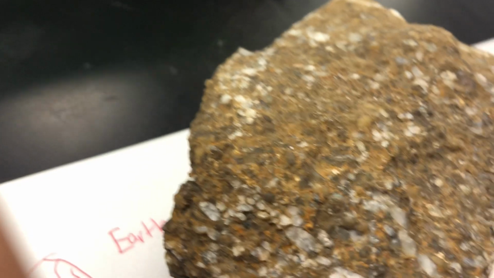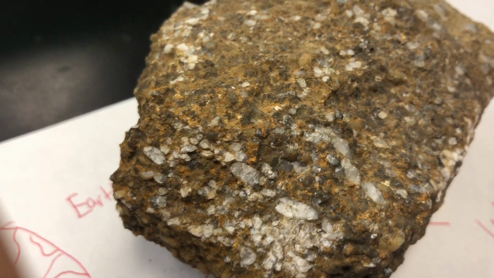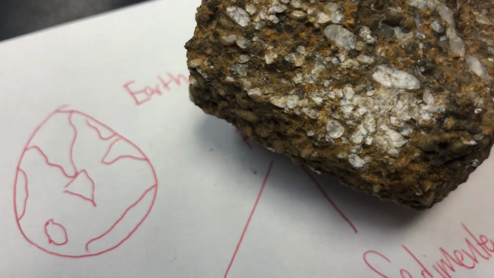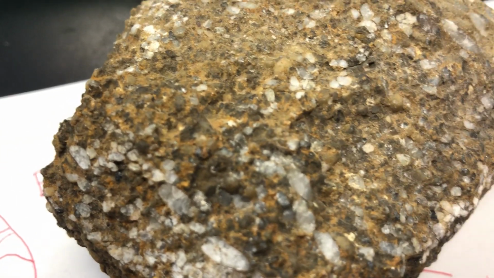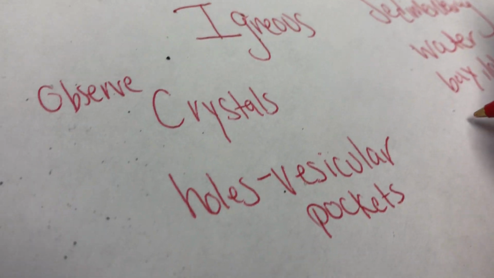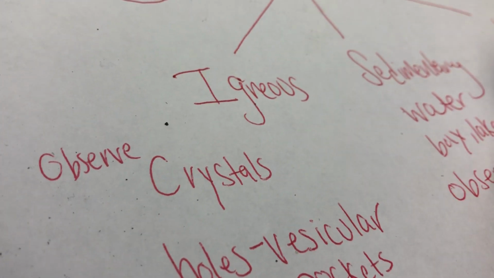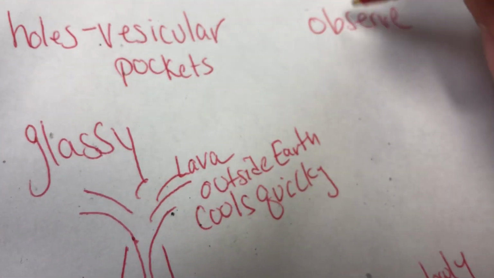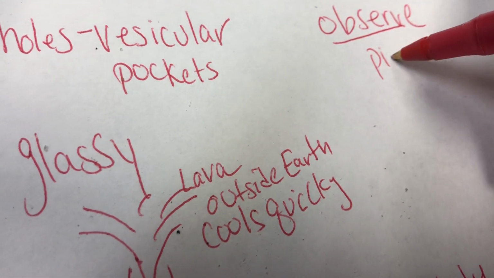Sedimentary is kind of what it sounds like. There's pieces, sediments in the rock. So this one has sediments of little rocks inside of the larger rock. That's what makes it observable. So what you observe in sedimentary rocks is pieces of other rocks.